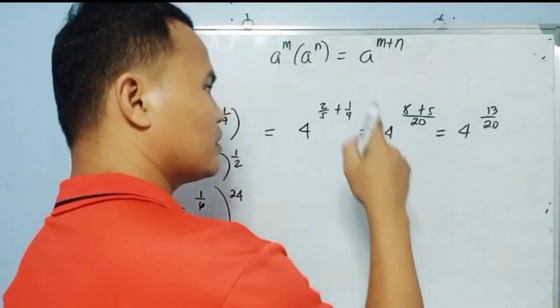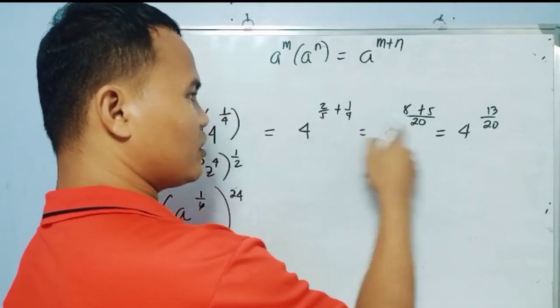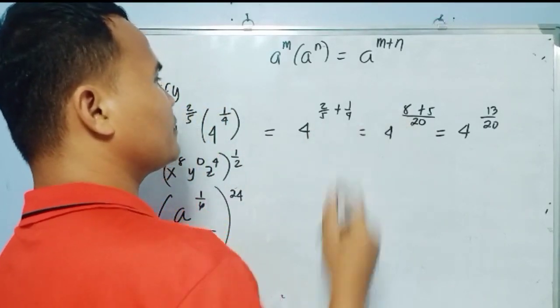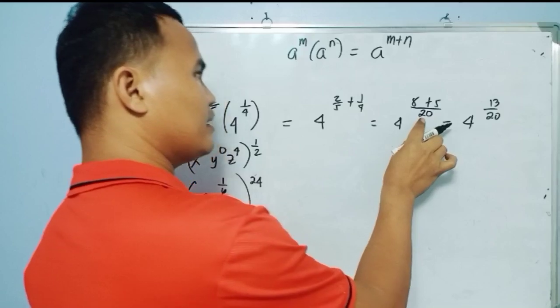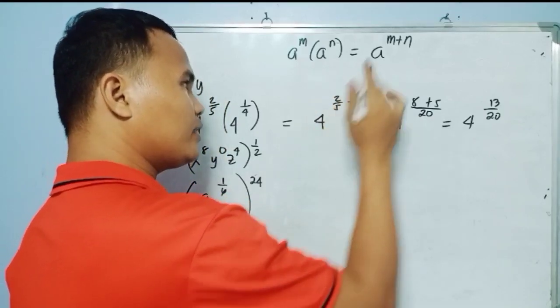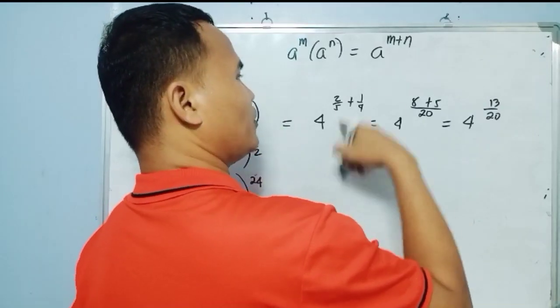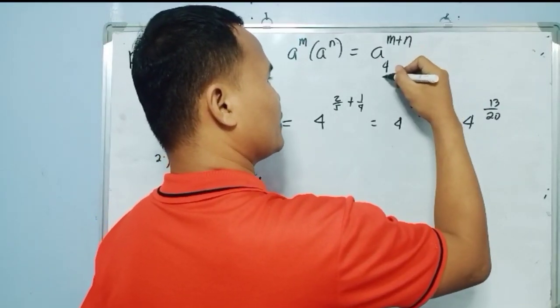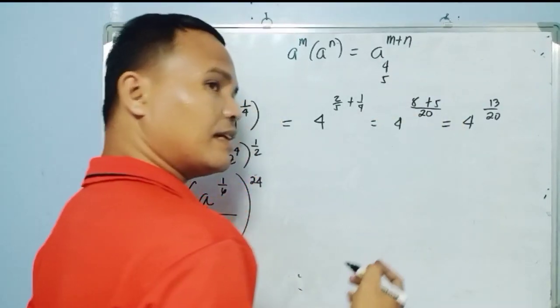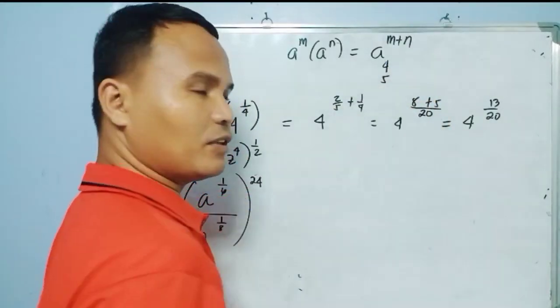For those who find it difficult to find the LCD, our LCD is 20. Our two denominators are 4 and 5. So let us write the multiples of 4 and the multiples of 5.